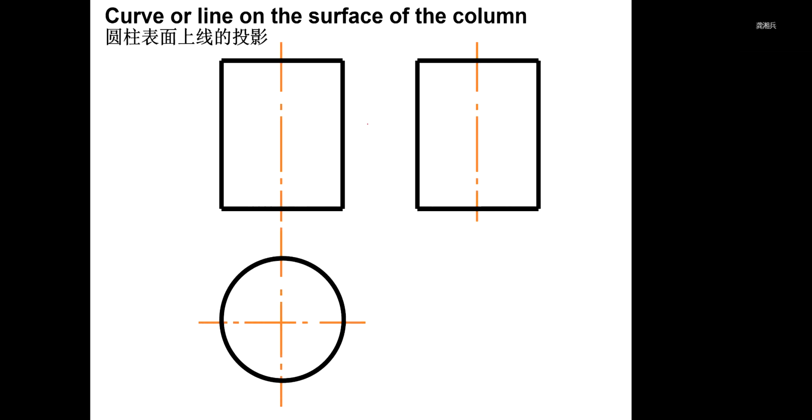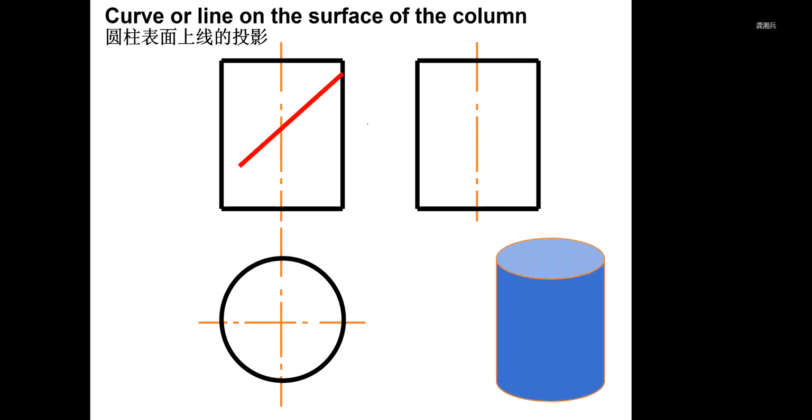The curve on the surface of the column: because we talked about planar solids, all the lines should be straight lines. But for the curved surface, the side surface of the cylinder, there are curves. You can use this projection here, just like A, B, C, D, and you get a curve there.